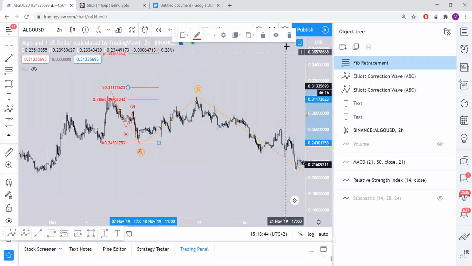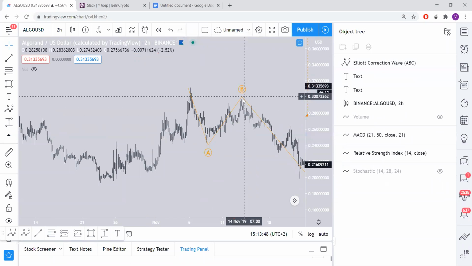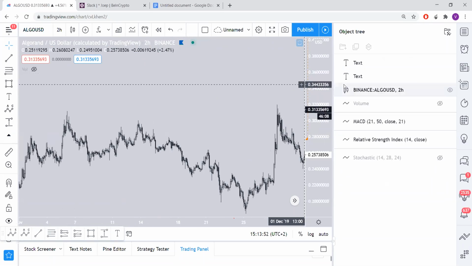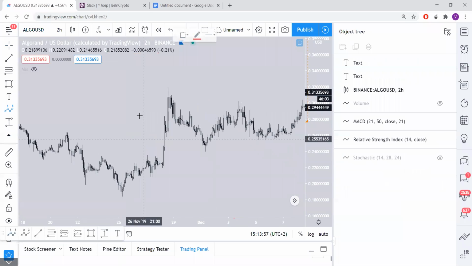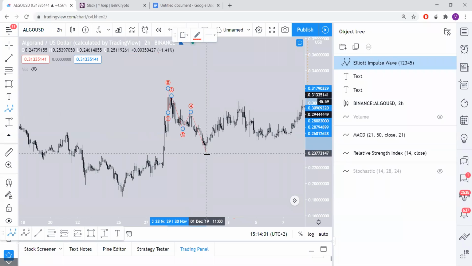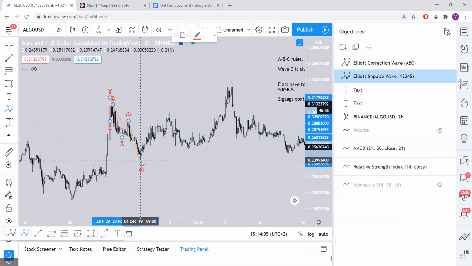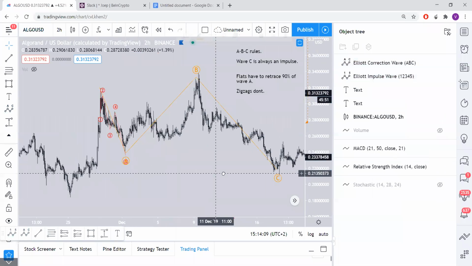Now, the same thing, if you had 5 waves down here, now say that you're counting 5 waves down, and then this is an ABC here, which actually it's probably an ABC.